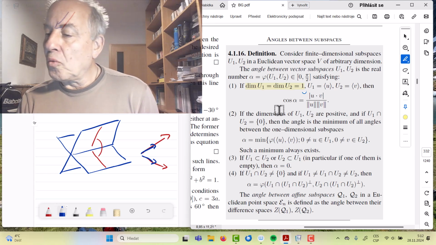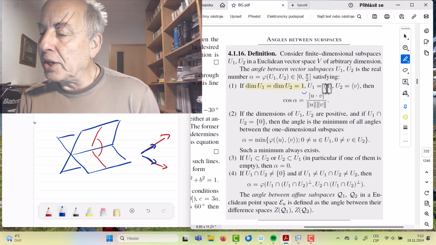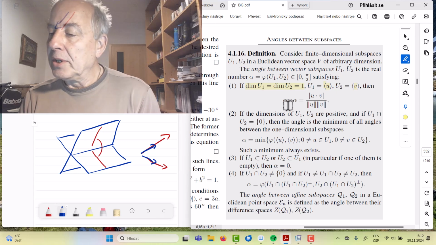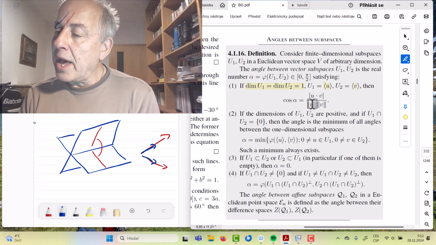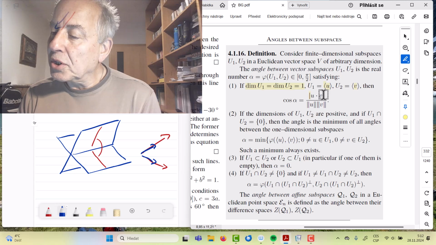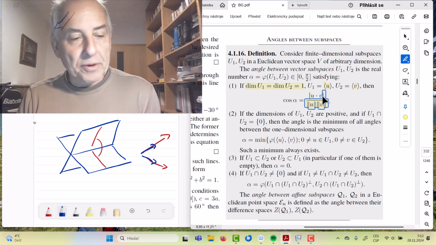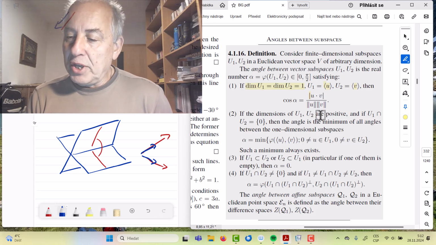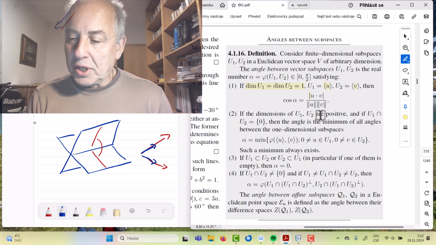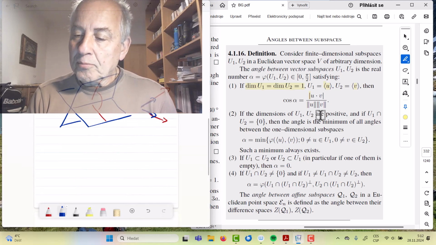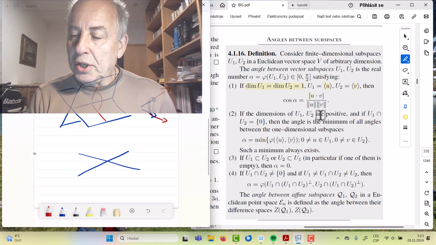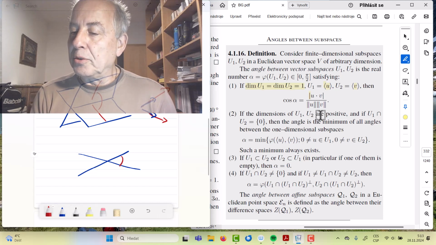So for 2 one-dimensional vectors, we simply take their generators and we look at their angle, and notice that we have got this absolute value there. And why is the absolute value there? Because if we are dealing with something like this, we always want to take the smaller of the 2 angles, not the bigger one.